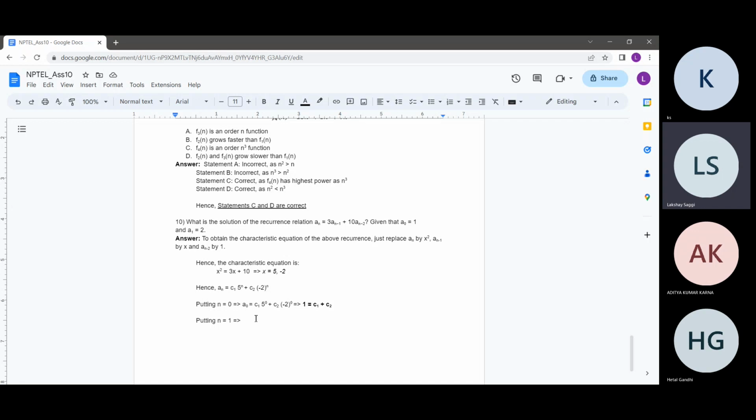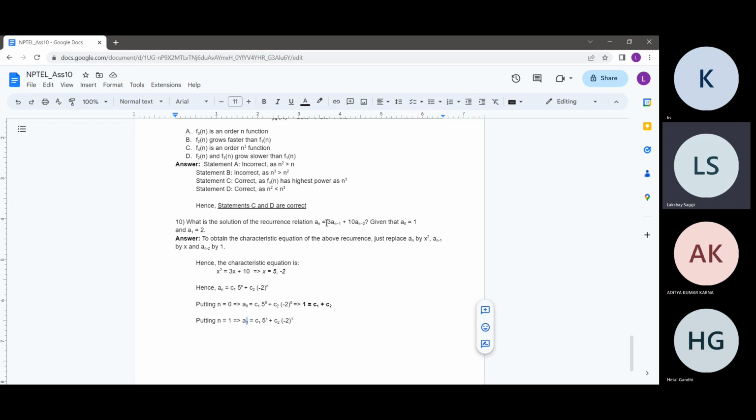Right now I'll write a_1 is c1 times 5 raised to the power 1 plus c2 times minus 2 raised to the power 1. Suppose instead I was given the value of a_2 as something. So I would have put a_2 is equal to c1 times 5 squared plus c2 times minus 2 whole squared, and from that I would have obtained it.